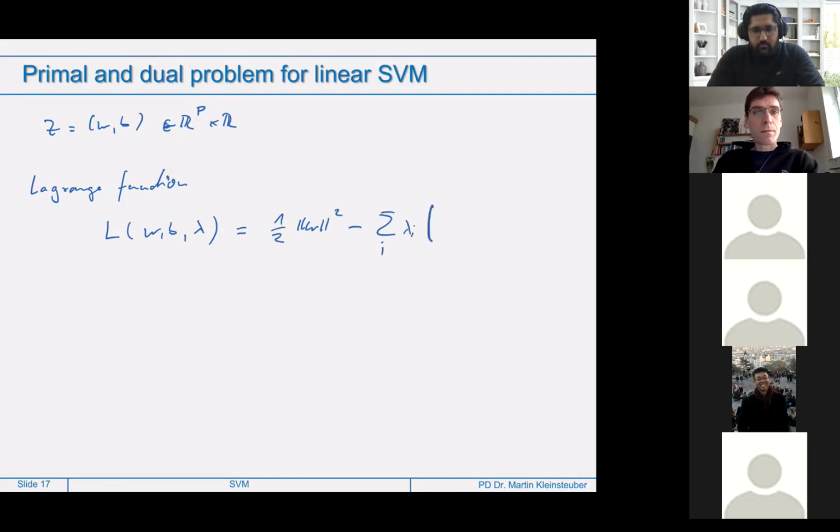And then our Ci's from the last section are here, the constraints yi times W transpose xi minus B minus 1, right? That seems to be the correct Lagrange function here.